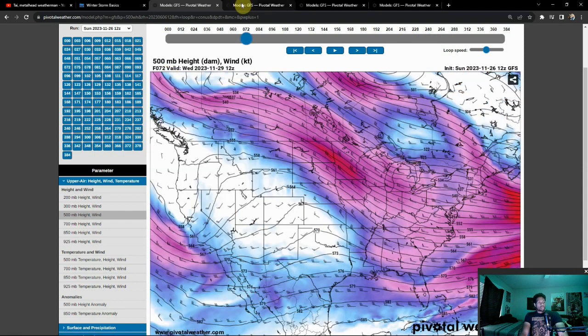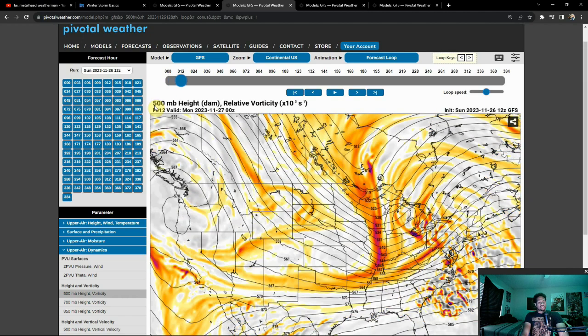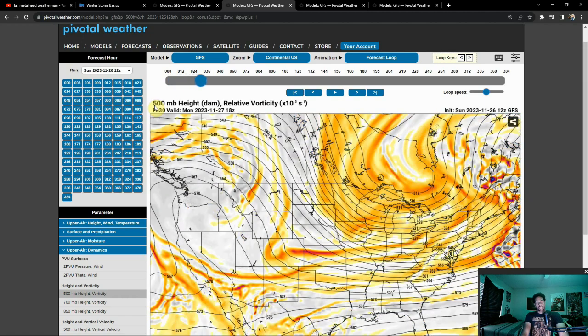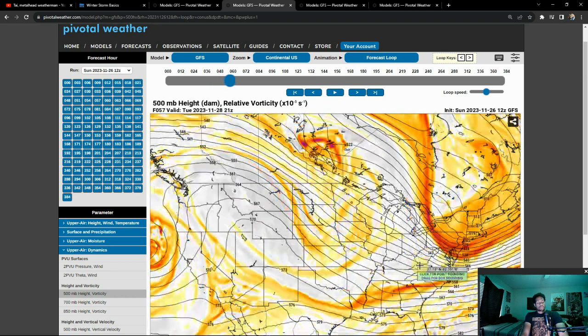And then also a good way to look at things as well is through the vorticity map. Vorticity map is one of my favorite maps to actually look at. It's good for indicating winter and severe weather, especially during this time of year. I don't use it as much during the spring and the summertime, mainly because it can be a little bit troublesome in a way.